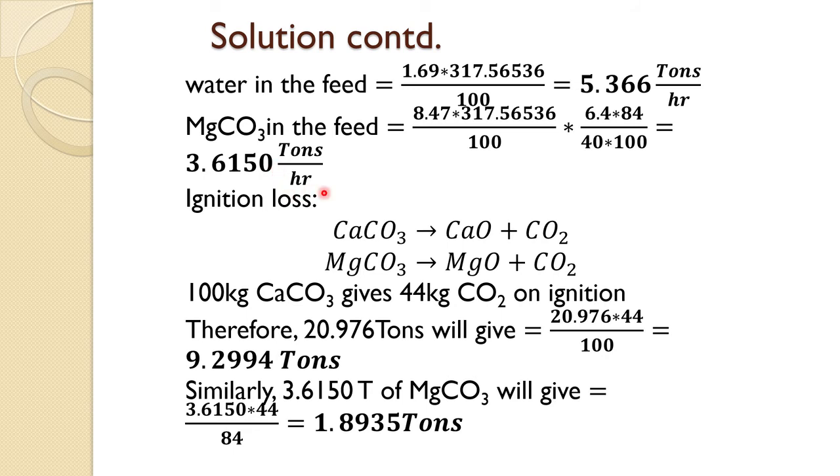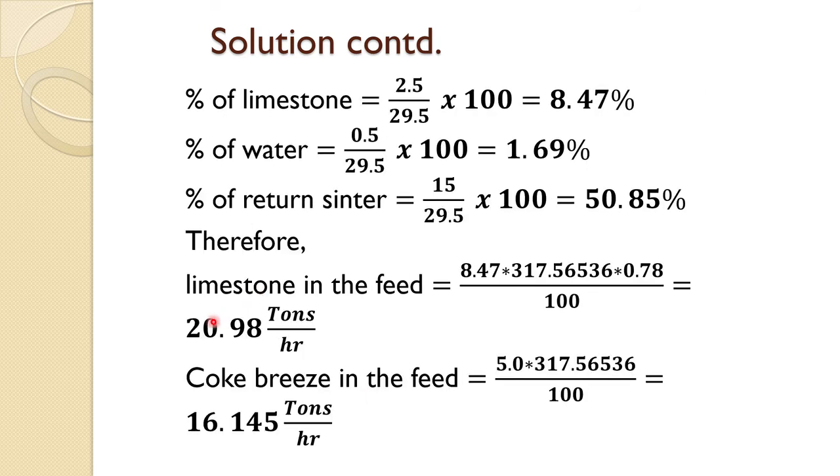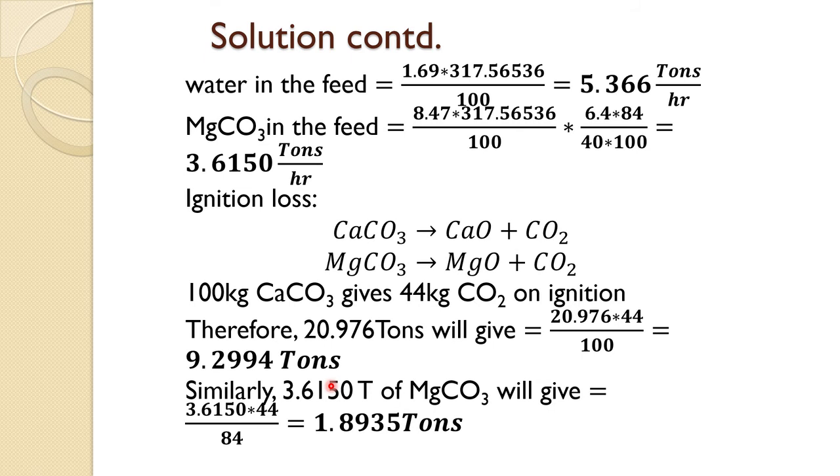Now, ignition loss, because all the calcium and magnesium carbonate dissociate into lime and magnesium oxide. So, 100 kg gives about 40 kg CO2 on decomposition. We know our limestone is about 21 ton, so this many ton will give us about 9.23 tons of CO2.